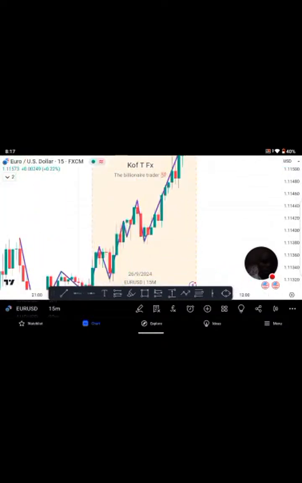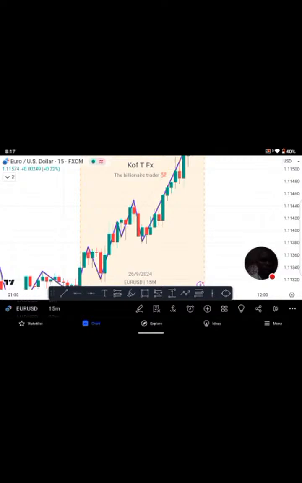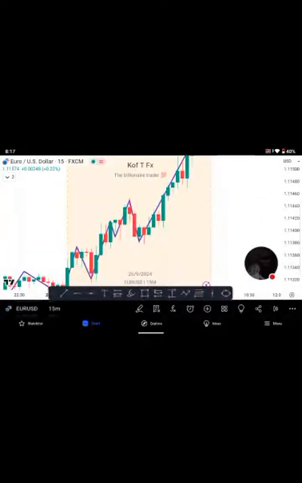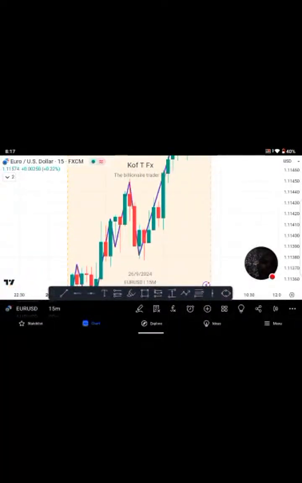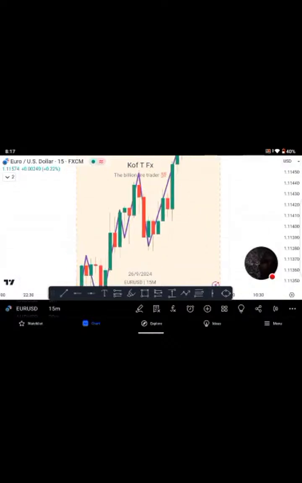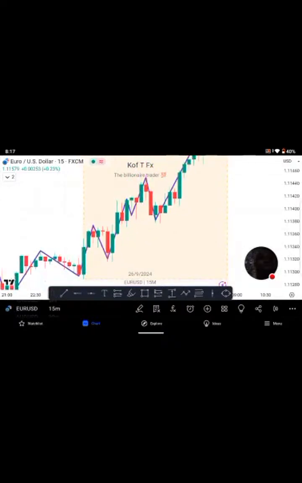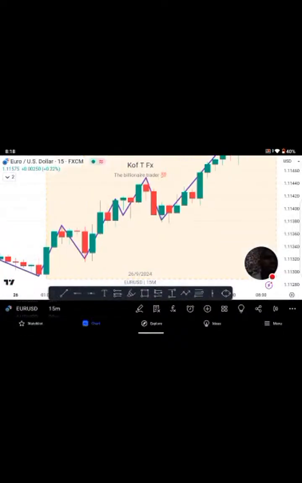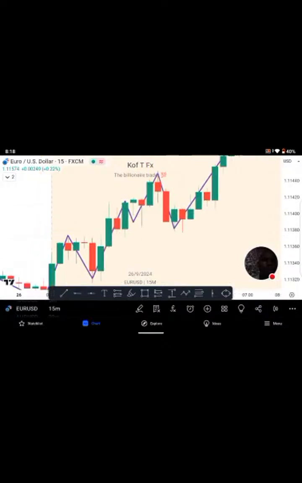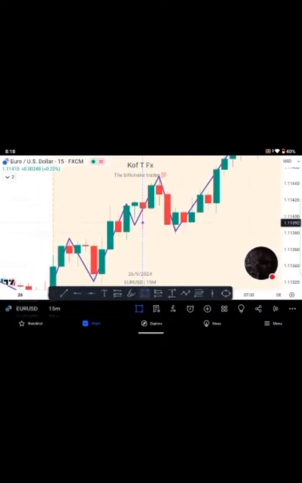Yeah, let's take a look at this. For this Euro USD, unlike GBPUSD where we have a clearer structure, with Euro USD you can see just one candle going up and down. Yeah, look at this. This is just a zone.